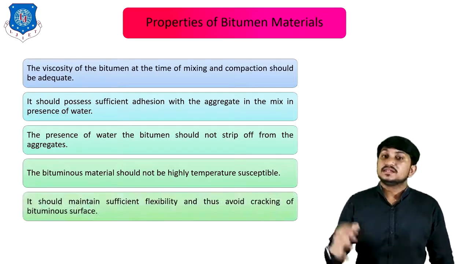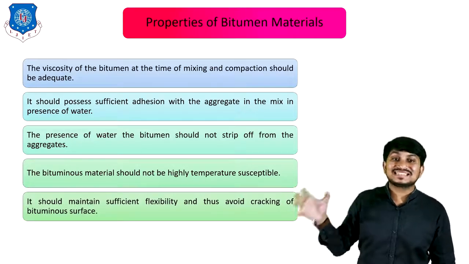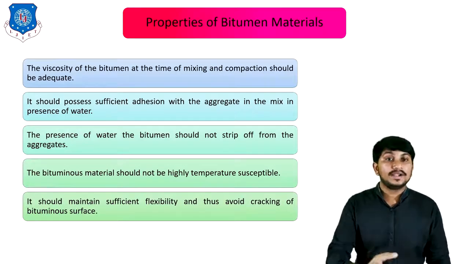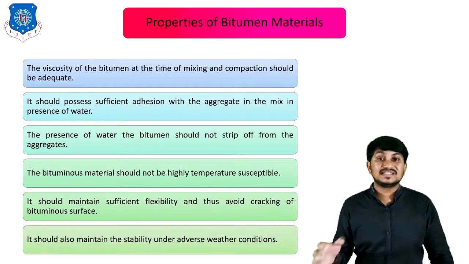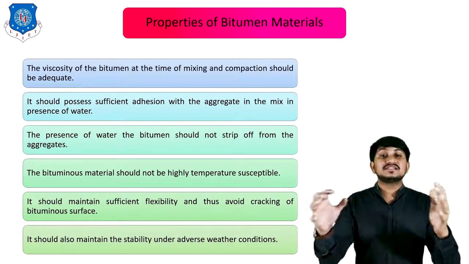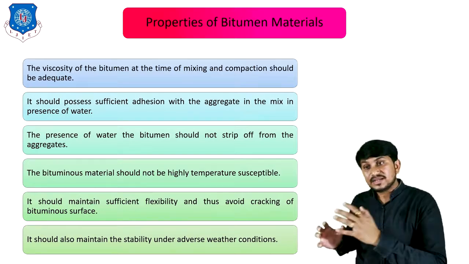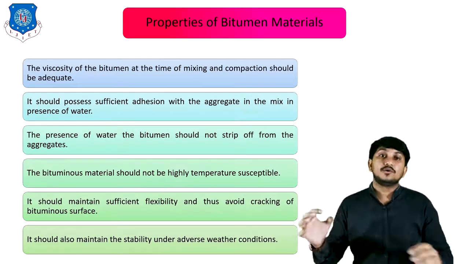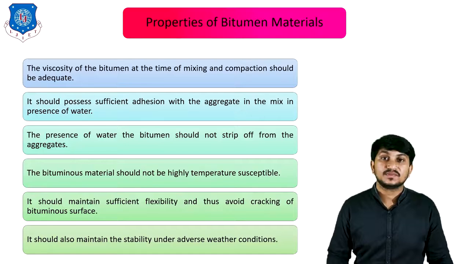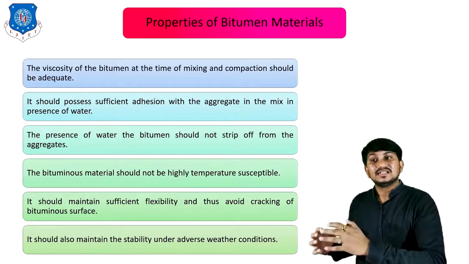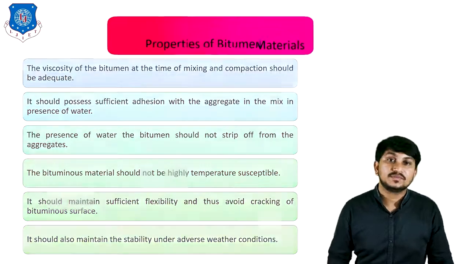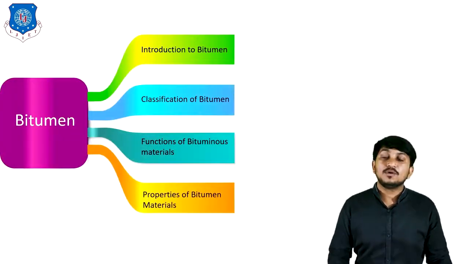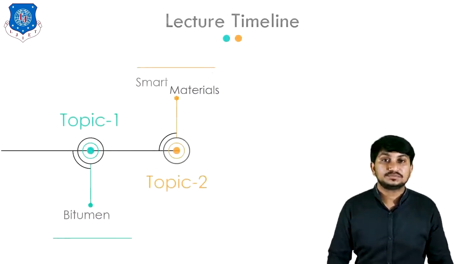It should maintain sufficient flexibility and thus avoid cracking of bituminous surface. It should also maintain the stability under adverse weather conditions. These are the various properties required for bituminous materials, or you can say these are the various properties of good bituminous material. That's all about the material bitumen.